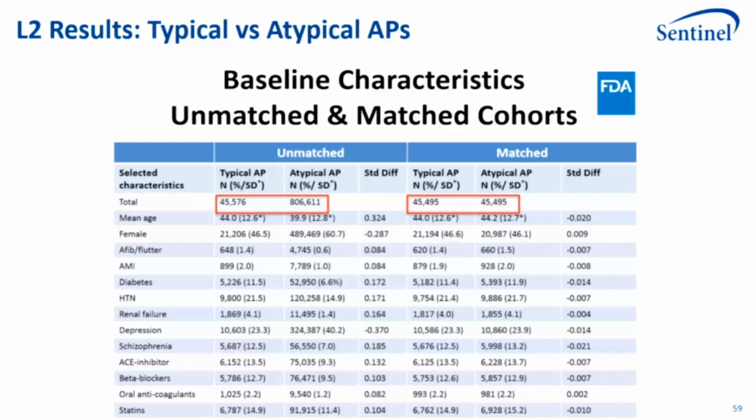And especially in the case that we know there are potentially many, many more off-label users of atypical antipsychotics compared to typical antipsychotics, the decision was to move forward with propensity score matching and then use the risk estimates in the unmatched cohort and the matched cohort. And as Noel already mentioned, we also provide balanced diagnosis using standardized differences.